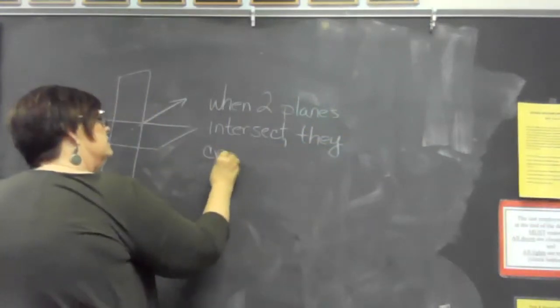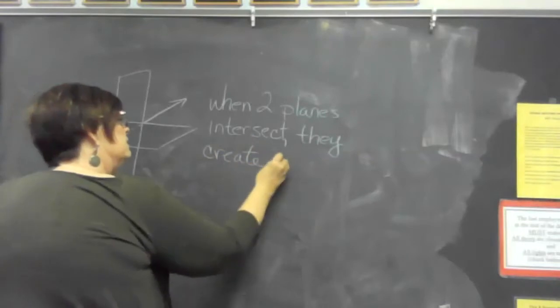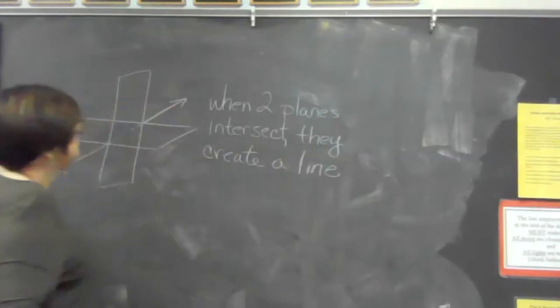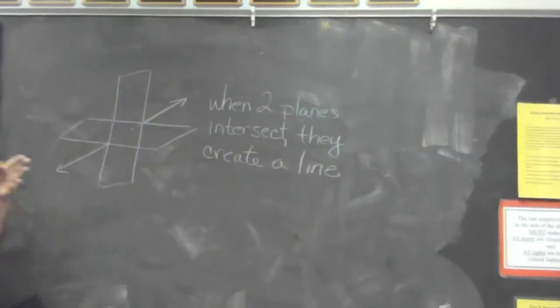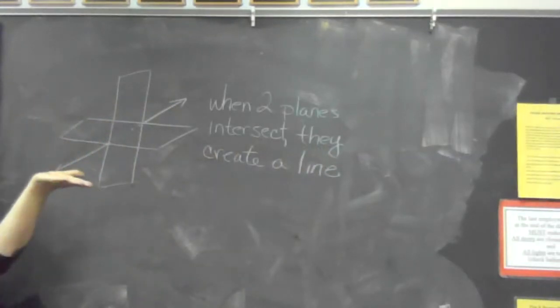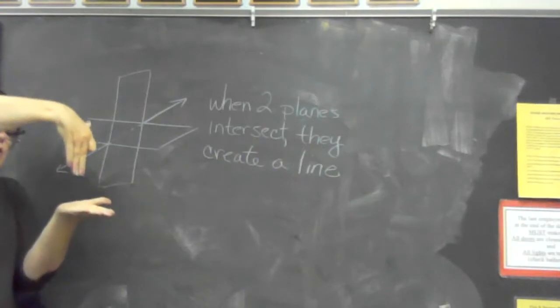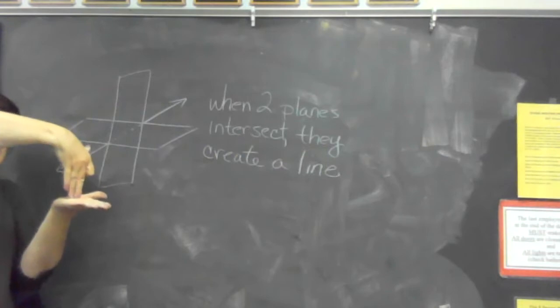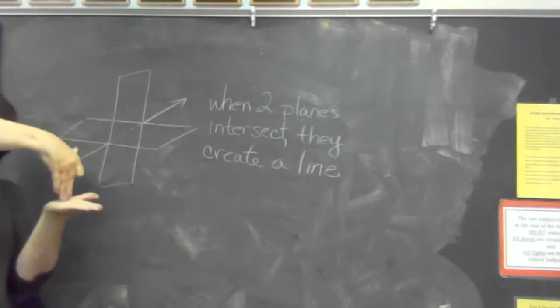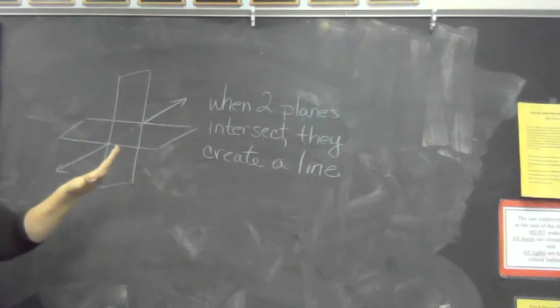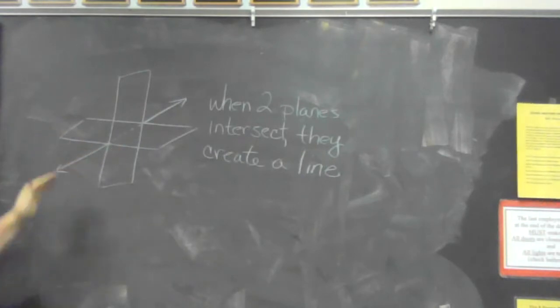Create a line. So you can see if you had one plane here and another plane coming down, where it could go actually through, like invisible, it would create a line where they intersect, right? So when 2 planes intersect, they're going to create this line.